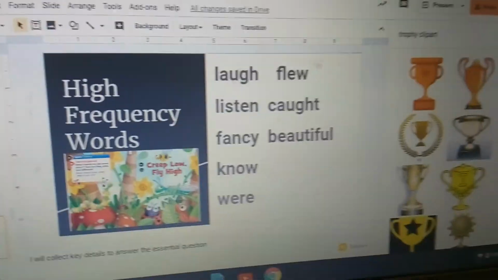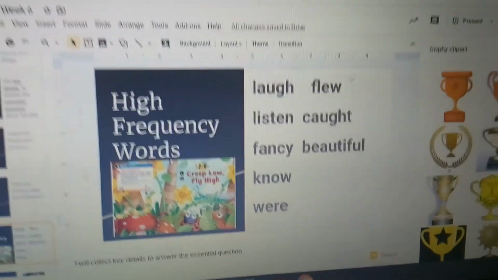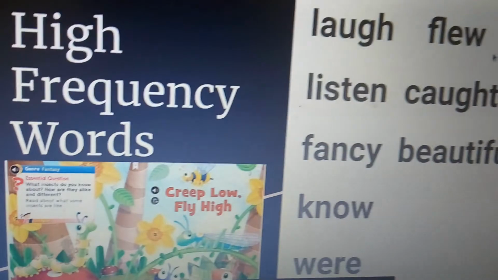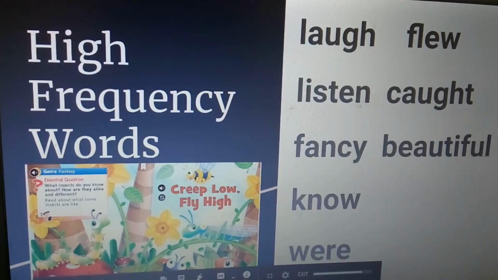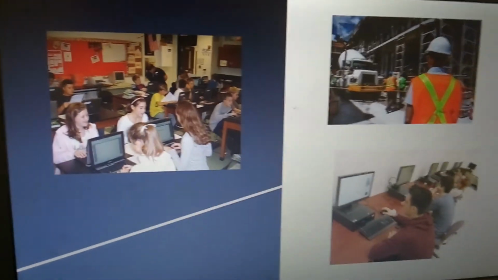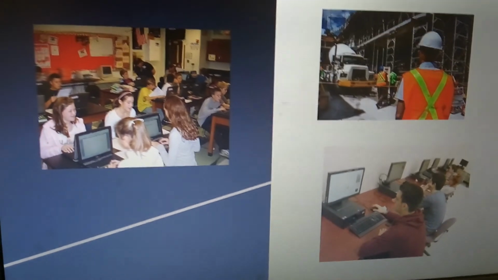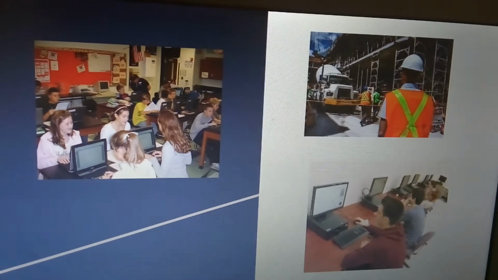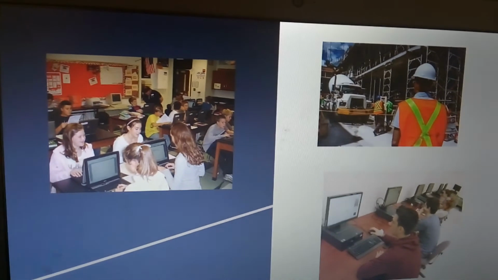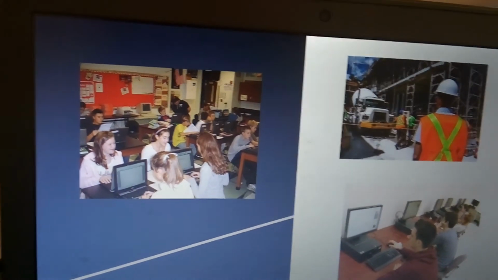The reason why we practice finding our key details is for the following reasons. As I stated earlier in the beginning of our lesson, being able to find key details to answer an essential question is an important skill that helps us conduct research projects, especially here at Dana Elementary School. If you're studying a bug unit, for example, you may want to know what key details answer the question that you are trying to answer.